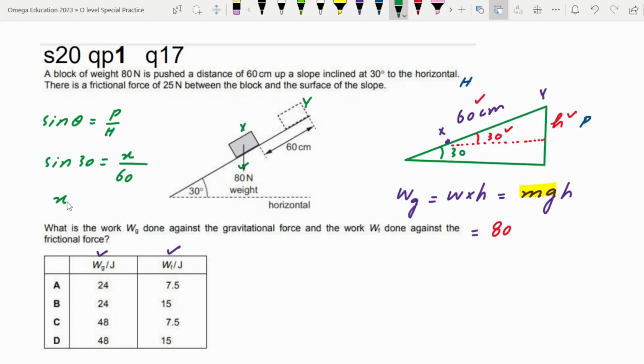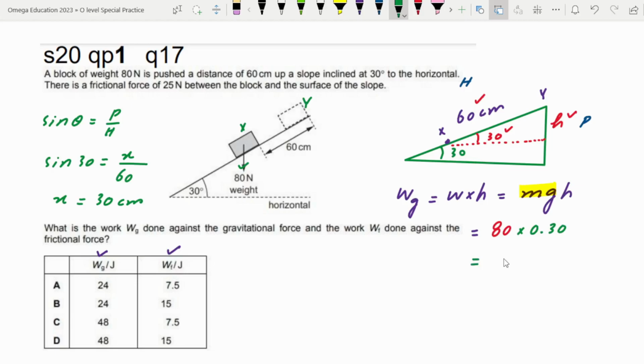But you can hit it on the calculator and check it yourself. Sine 30 would be 0.5. So I'm going to write 0.3, right? So what do we get?